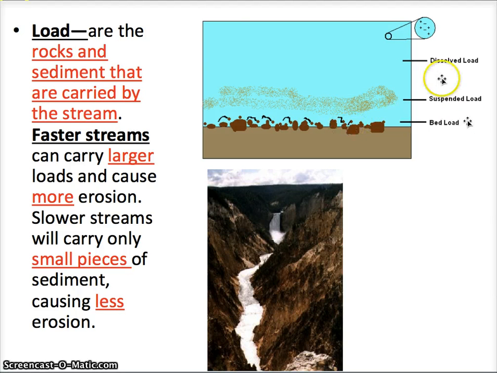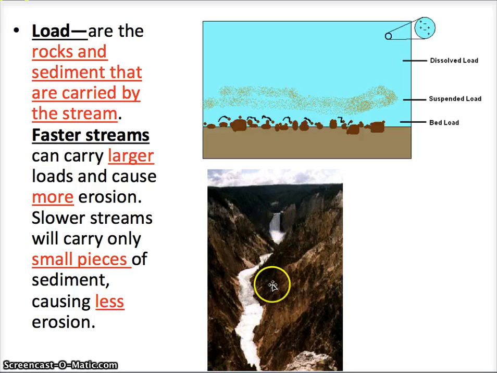You can see there's different types of loads. There's some loads that are larger, we call that the bed load, and we have some loads that are so small that they're dissolved in the water, we call that dissolved load. The more force there is in the river, the more we can move these larger bed loads. And if we can move these larger bed loads, those bed loads will probably hit other rocks and cause erosion.